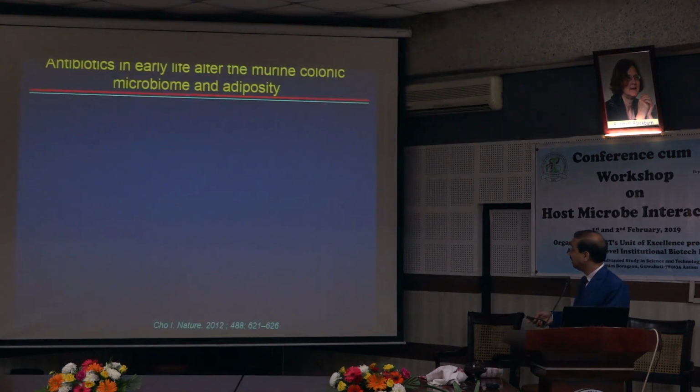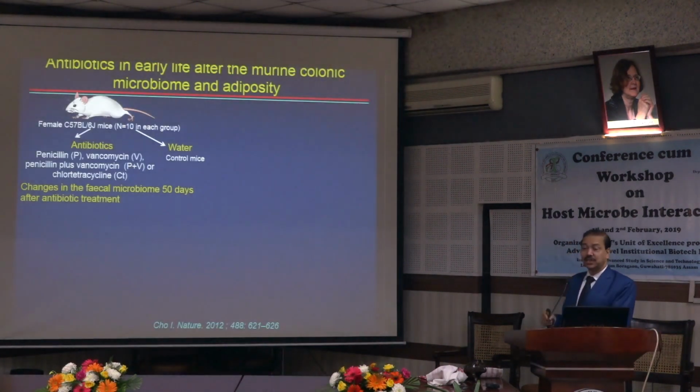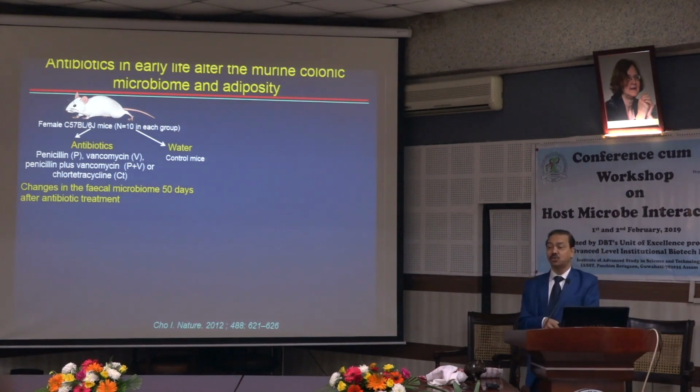Now you want further evidence? This is very interesting. Scientists discovered this and published this in 2012. But much before that, 50 years, 60 years, 80 years ago in animal husbandry, if you go to animal husbandry and ask them, what do you do? They will give low-dose antibiotic to animal from their childhood. Why?